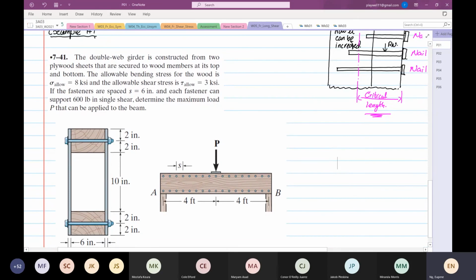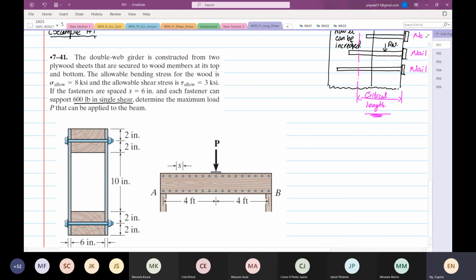A double web girder is constructed from 2 plywood sheets that secure to the wood members as its top and bottom. The allowable bending stress of the wood is 8 KSI, and the allowable shearing stress, sigma allowable, is equal to 3 KSI. If the fasteners are positioned at 6 inches and each fastener can support 600 pounds in a single shear configuration, determine the maximum load that can be applied to the beam.